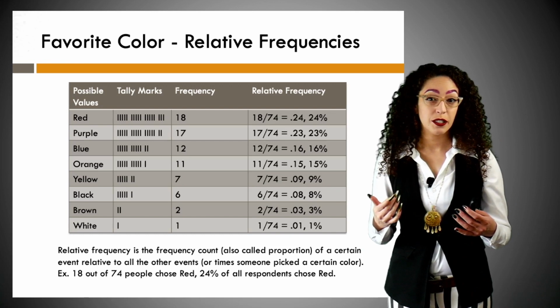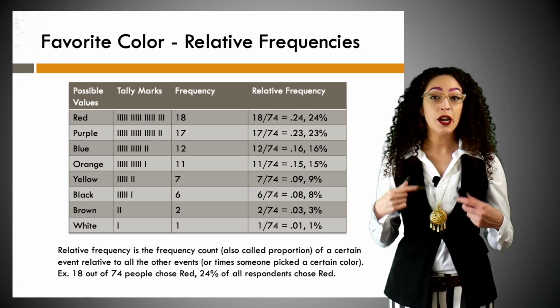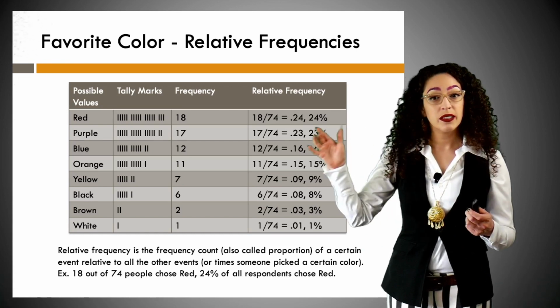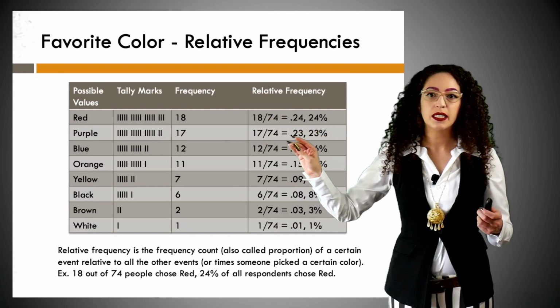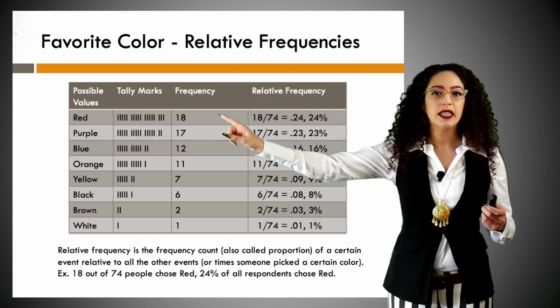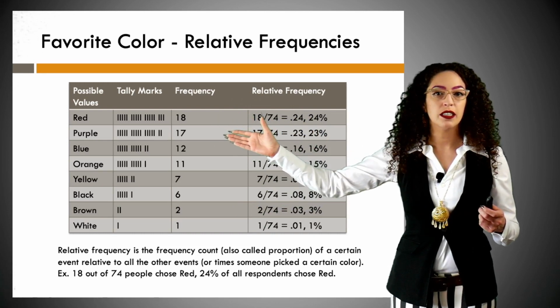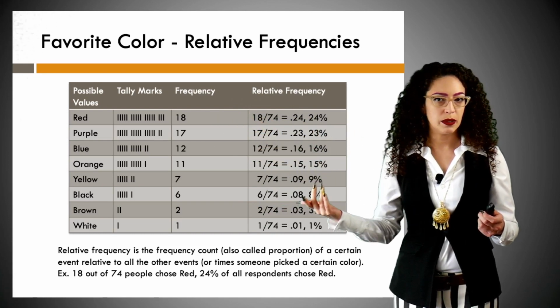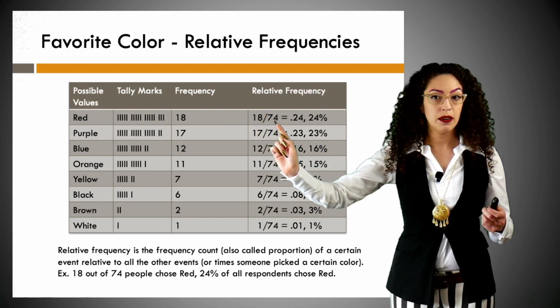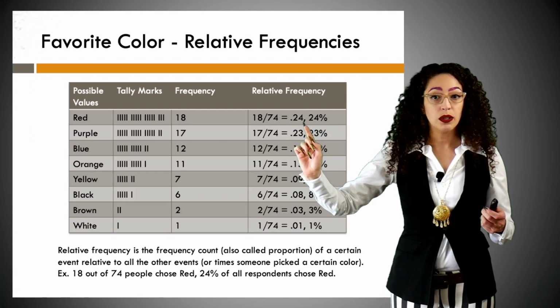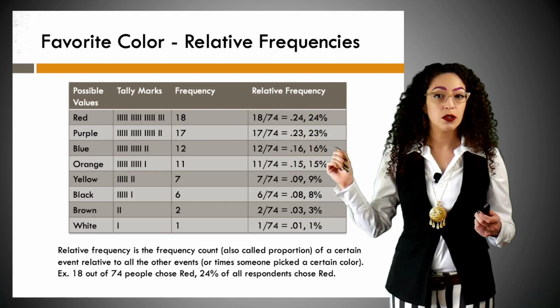Now, another thing we can do with that frequency distribution is also get the relative frequencies. So we have the same information here, but I just rearranged them from the highest to the lowest. We take the number 18. 18 people said that red was their favorite color. But what is the relative frequency of that response? So we take 18 divided by the total number, and we get 0.24, which is the proportion, or 24%.